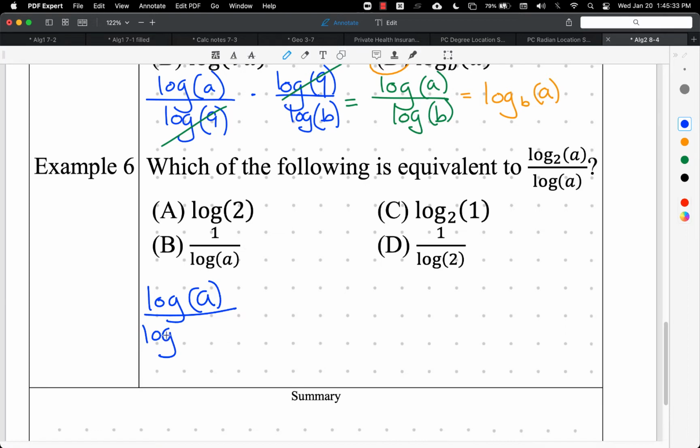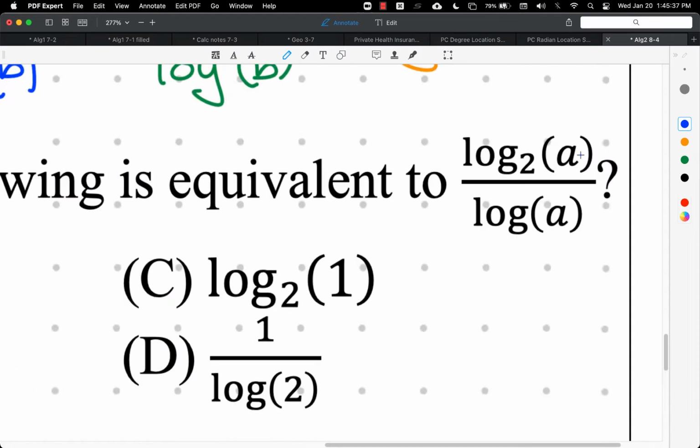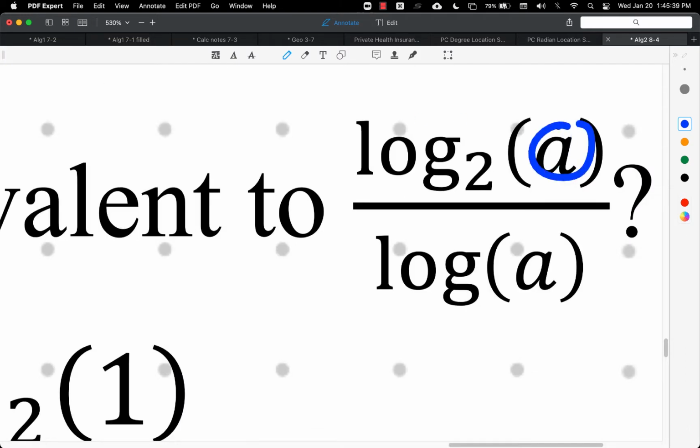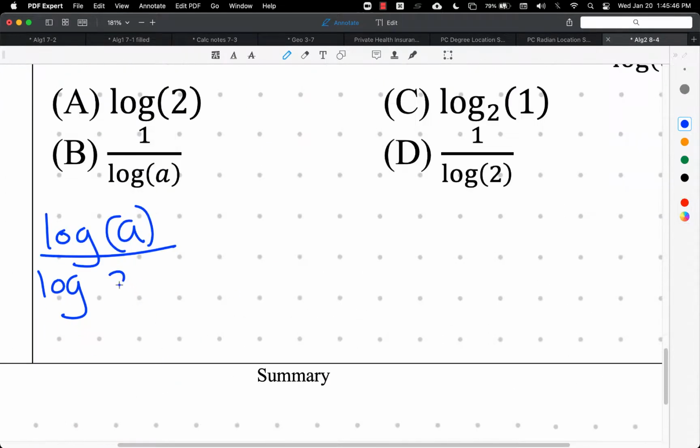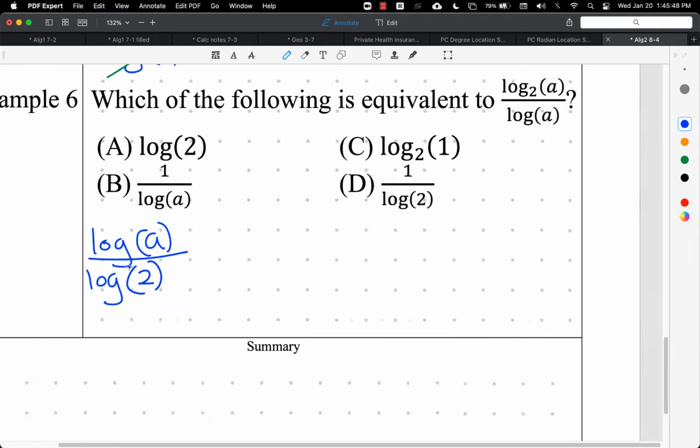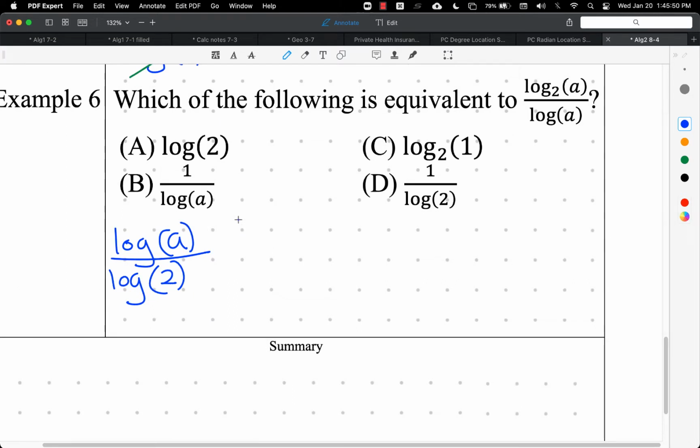I was just trying to help you. So whenever you have a change of base formula, this is going to be the numerator, log of that, and then this is going to be the denominator. Log of 2, exactly, yep. Thank you. All right, I can't pick on you anymore. Unless you want to be picked on, I don't know.